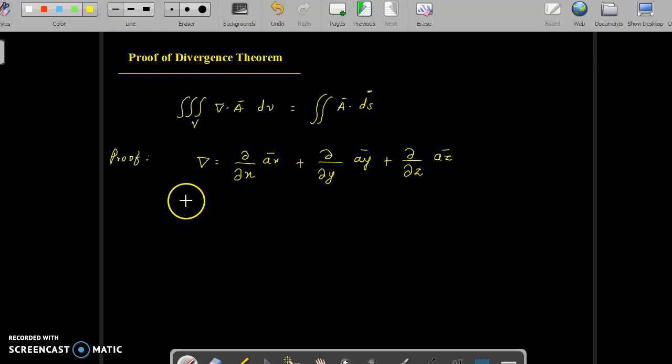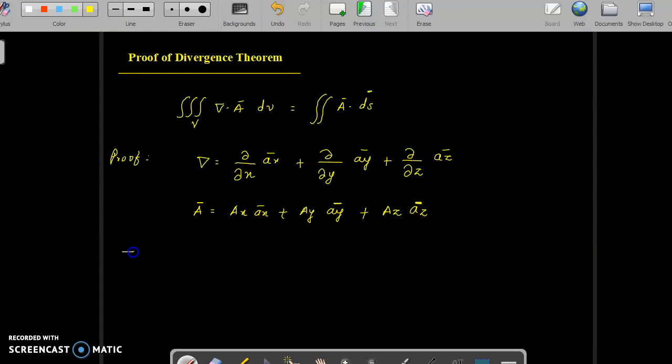And let us take the vector A: Ax times the unit vector ax, Ay the magnitude which is acting along the y-axis multiplied with the unit vector, and Az the component of the vector along the z-axis times the unit vector. So all the unit vectors give you an idea about the direction of each component vector.